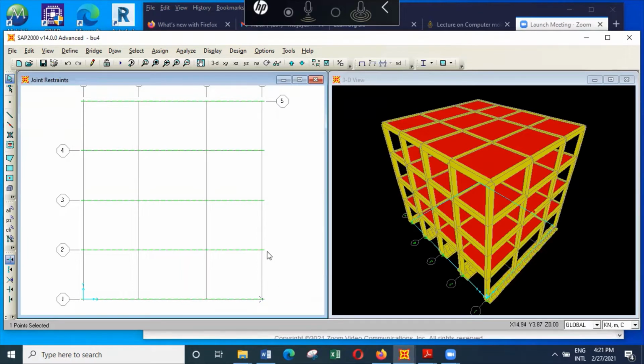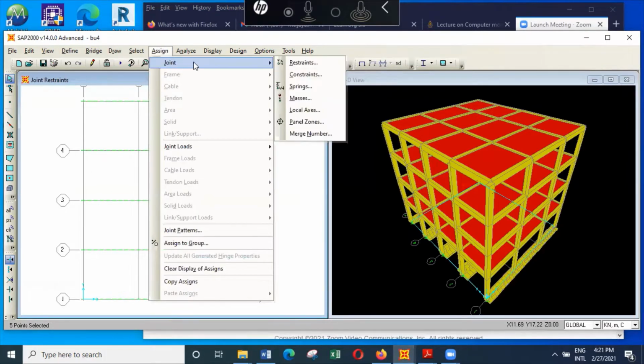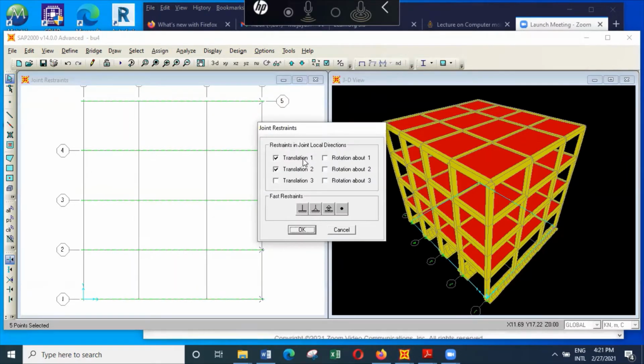And for these locations, it can move only in X direction. It cannot move in Y direction. It can move in Z direction. So the structure can move this way, but it cannot move this way. So all the movements will be in this direction.